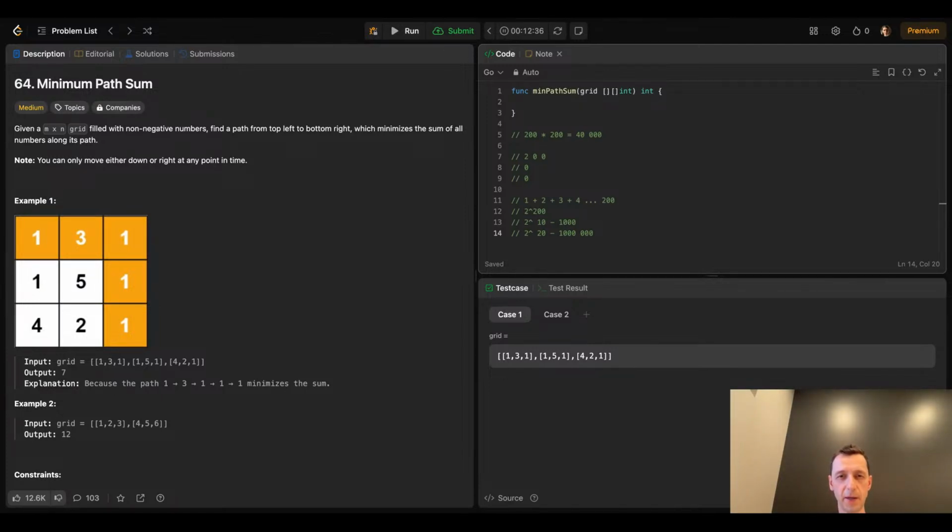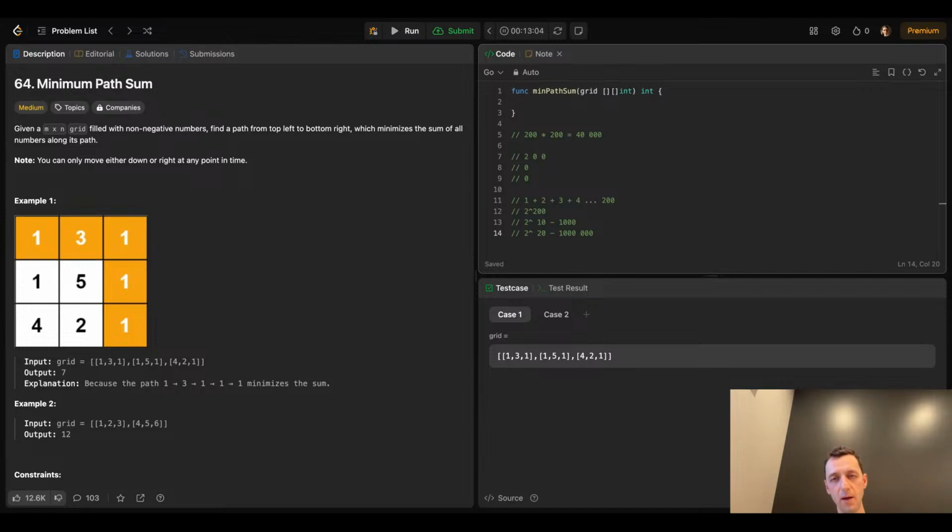Calculator. I need my calculator. So we say 2 to the power of 10. Yes, that's about 1,000, 1024. And 2 to the power of 20, yeah, that's about 1,000,000.